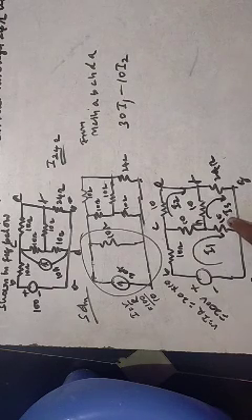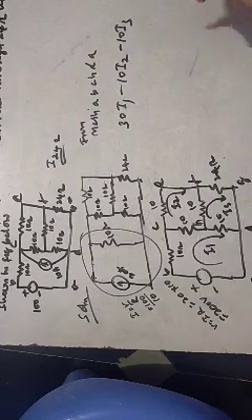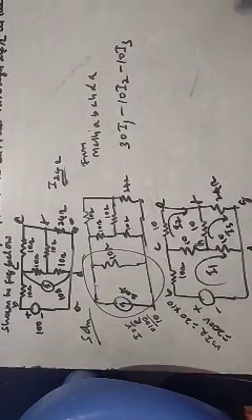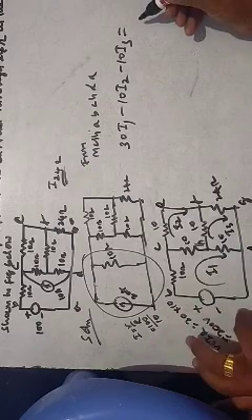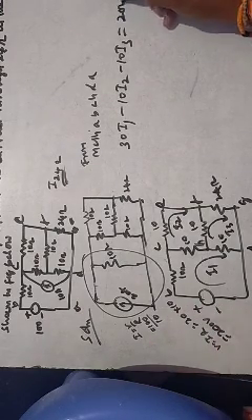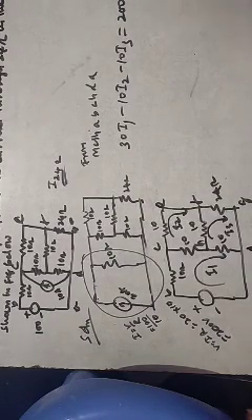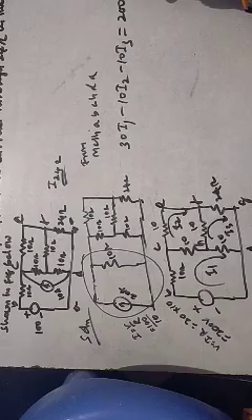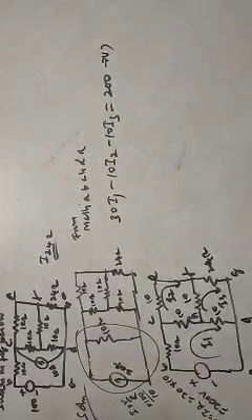And this 10 is shared between mesh 1 and mesh 3, so minus 10 I3, is equal to, in my path, this is from negative to positive, so this becomes 200. This is one equation. Call this equation 1.